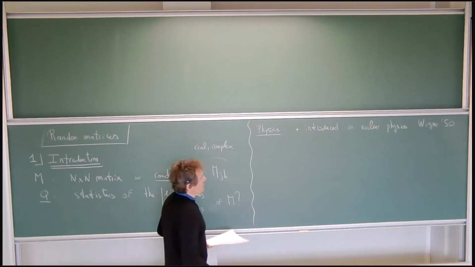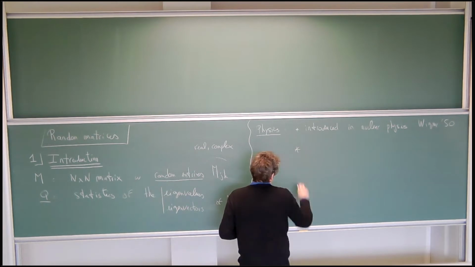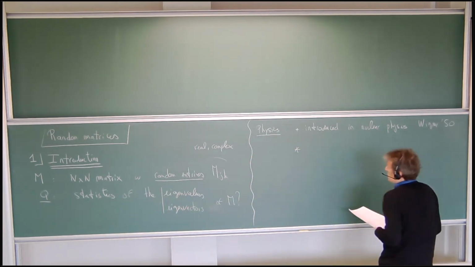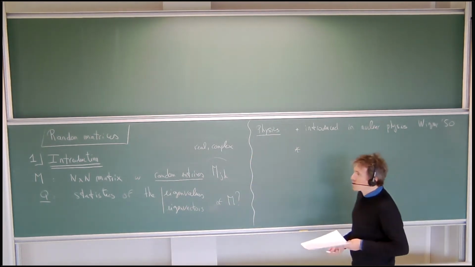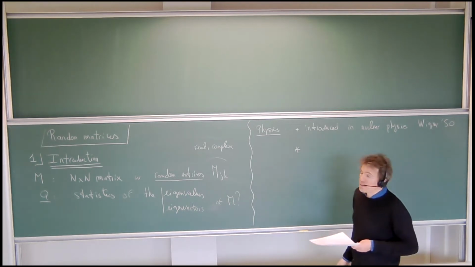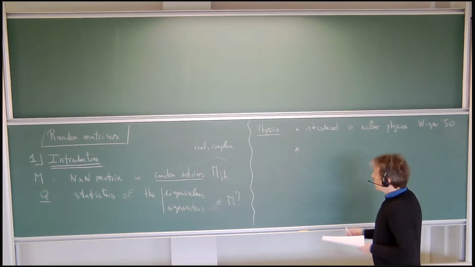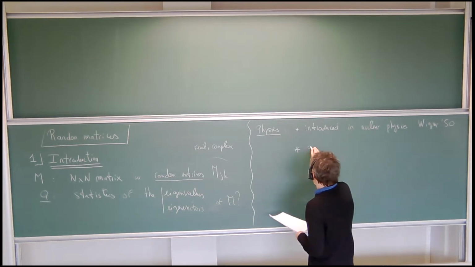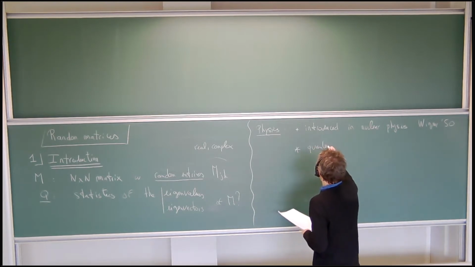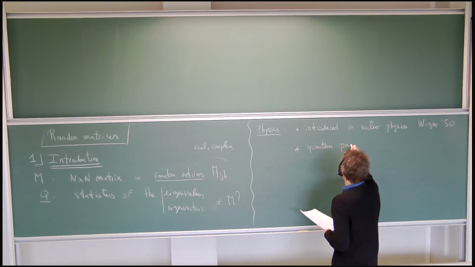I will not be exhaustive, of course, but let me just mention some topics which are related to the subject of this course. One of them is the subject of the quantum particle in a disordered potential.